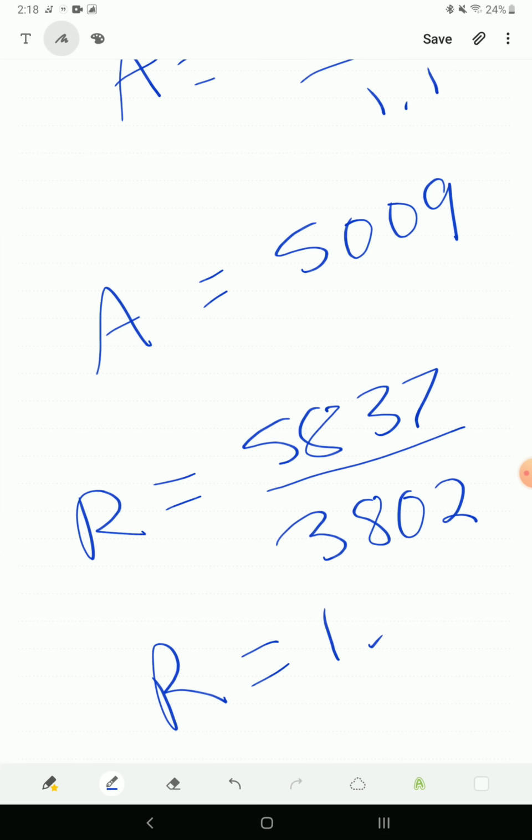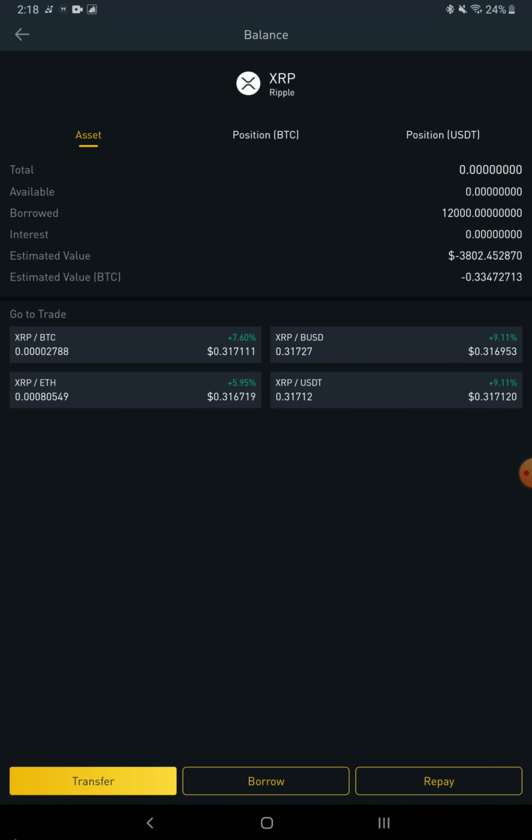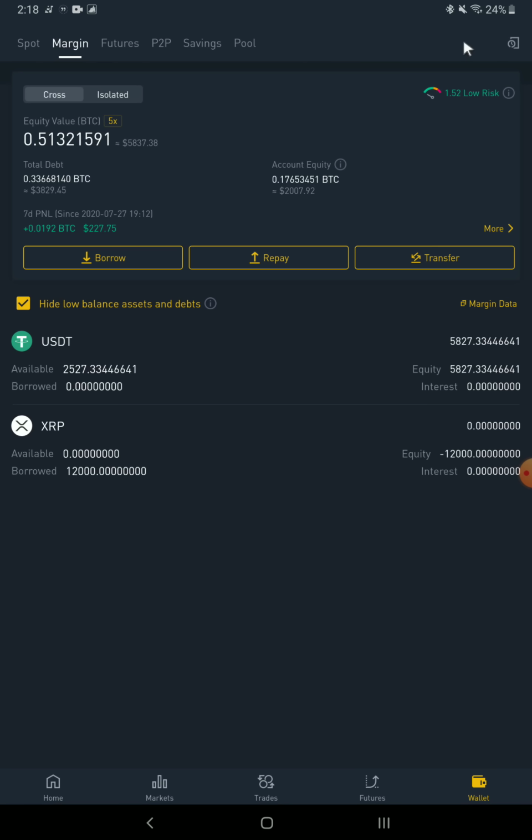The risk is equal to 1.53. And that's about right here as well. Just confirming so you guys know the formula is accurate. 1.52, good enough. I'm just not factoring in interest.